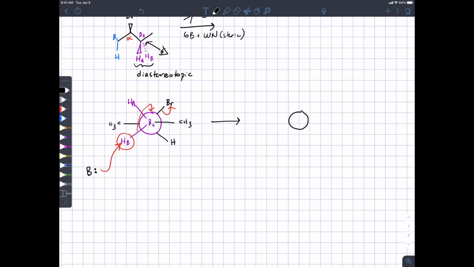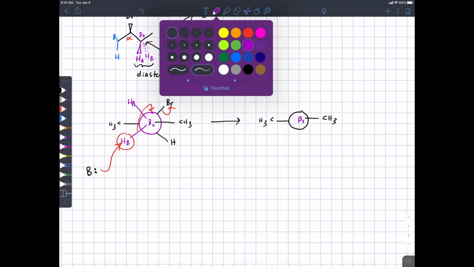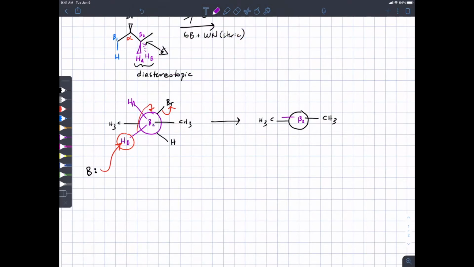As that elimination process happens, we're going to make a double bond in between the alpha carbon and beta 2. And in that double bond, notice that CH3 on the front carbon and CH3 on the back carbon are still going to be trans to each other. Because we've removed HB, only HA is left on the beta 2 carbon, and in the back we'd have a proton here.